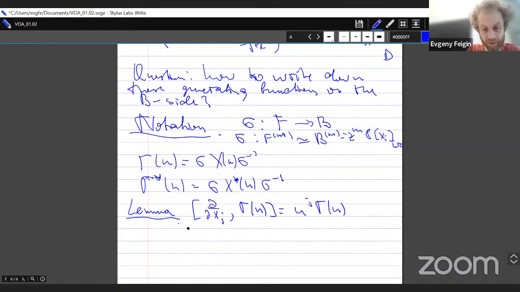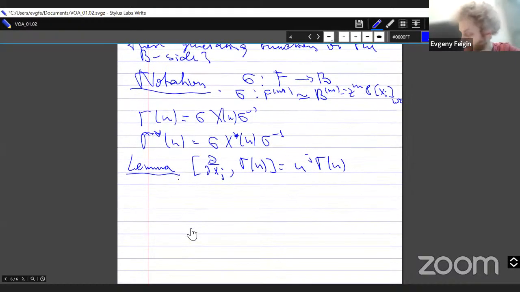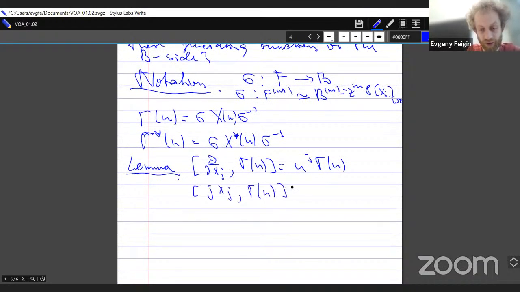And if we apply j a_j to gamma of u, then the result is going to be u to the minus j gamma of u.